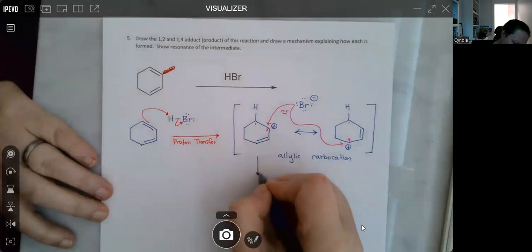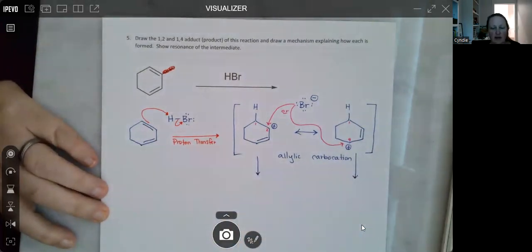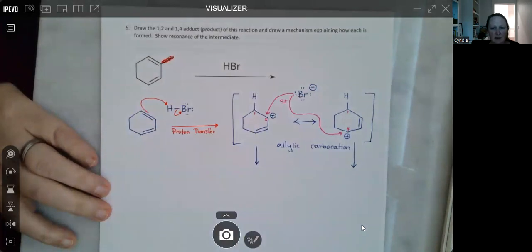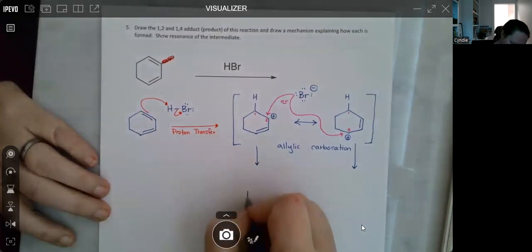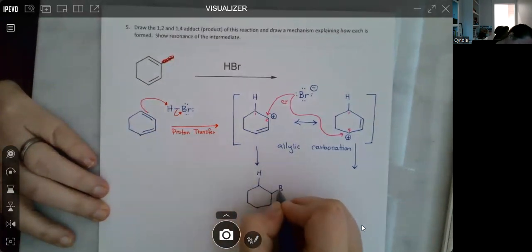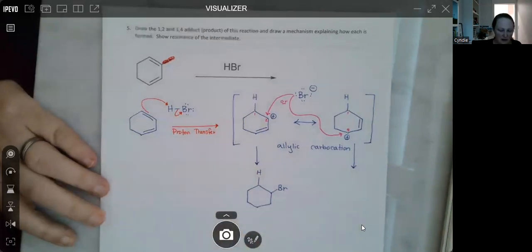Because remember, both carbon 2 and carbon 4 share the positive charge, so they're both electrophilic. So they both can be attacked by the nucleophile. If we have attack at carbon number 2, we put the bromine at the 1,2 position.